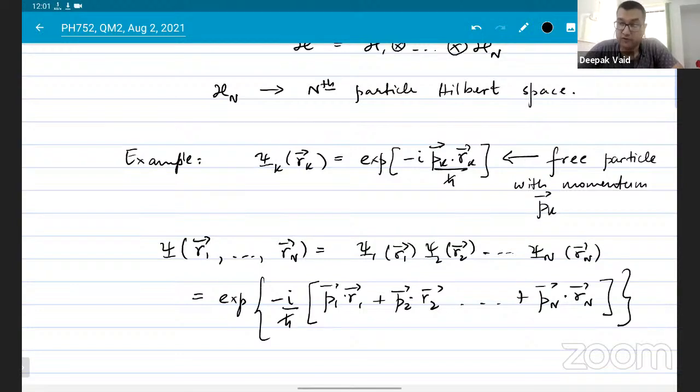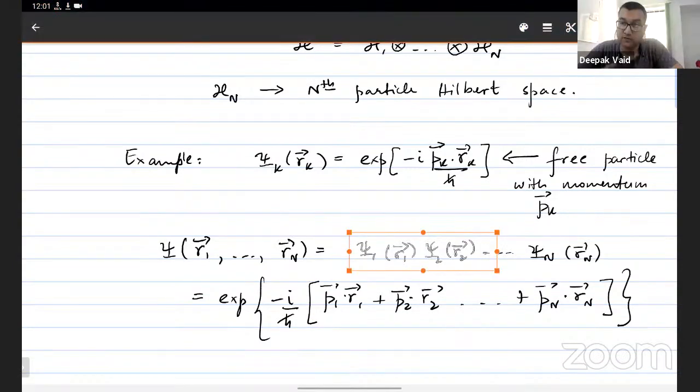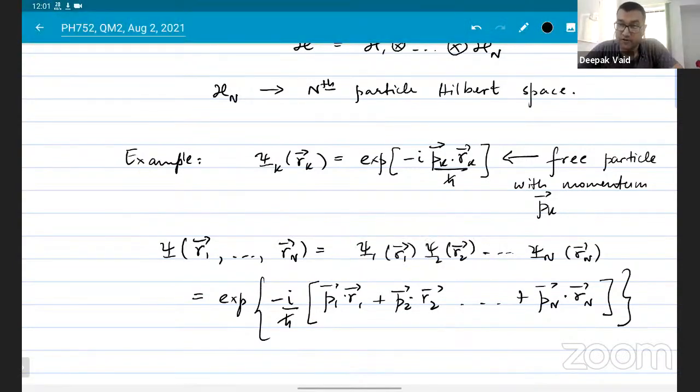This is when you're working with identical particles. So for instance, 1 and 2 are both electrons. Electrons are completely indistinguishable from each other, so if I exchange R1 and R2, the state will not change. But what do I mean when I say the state will not change?